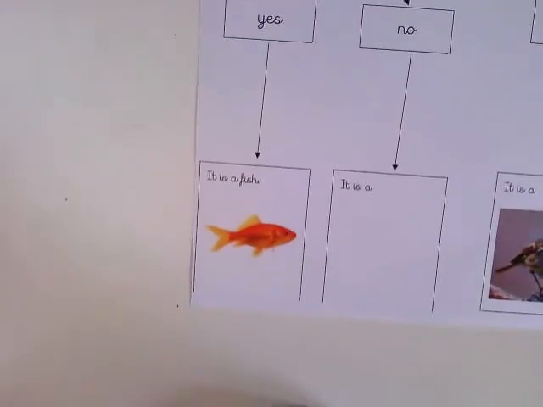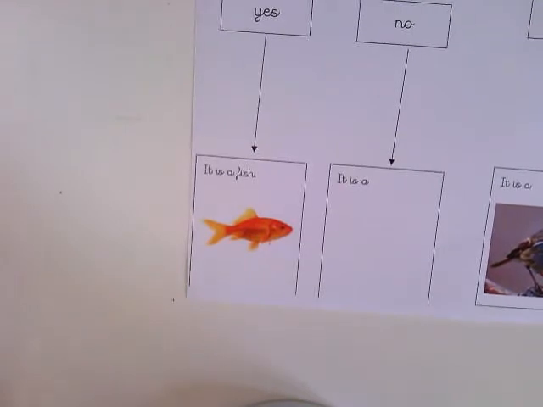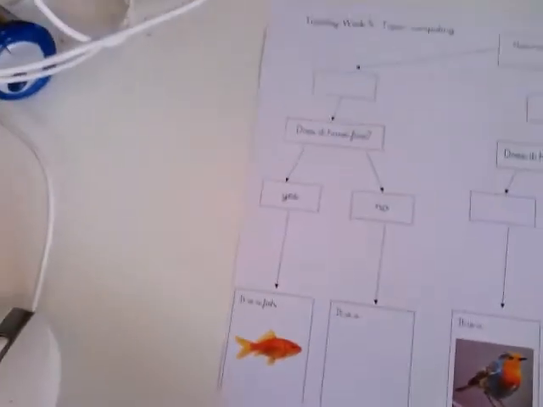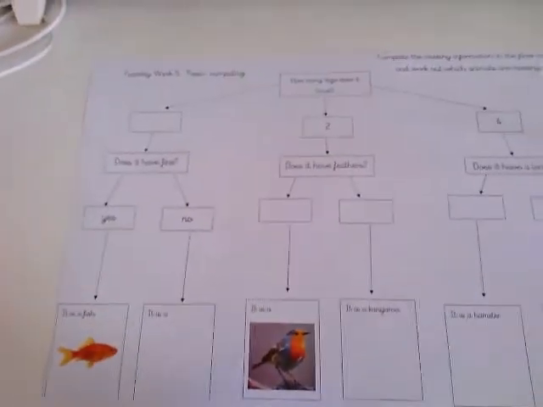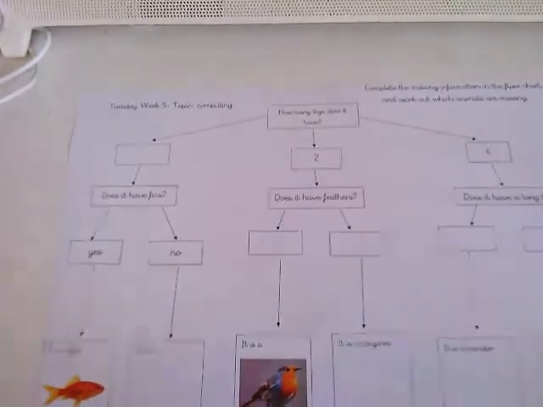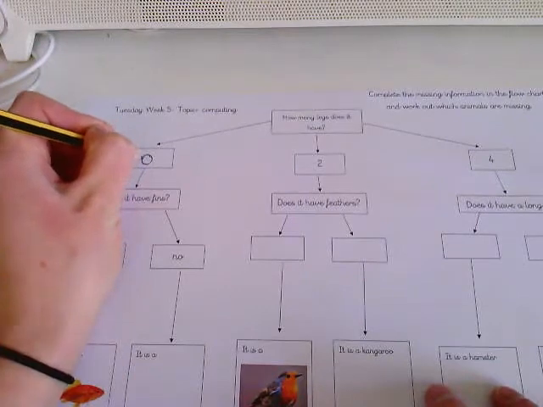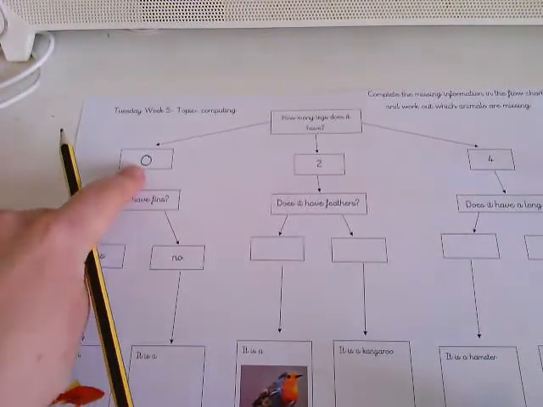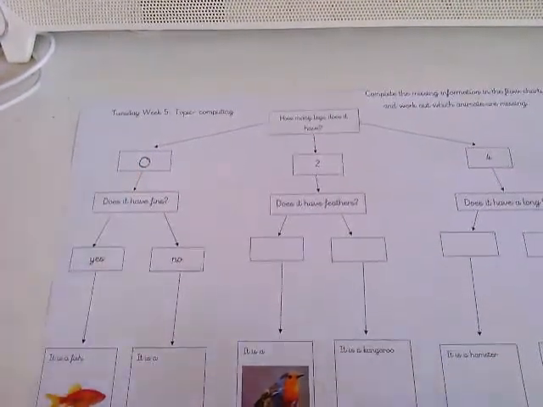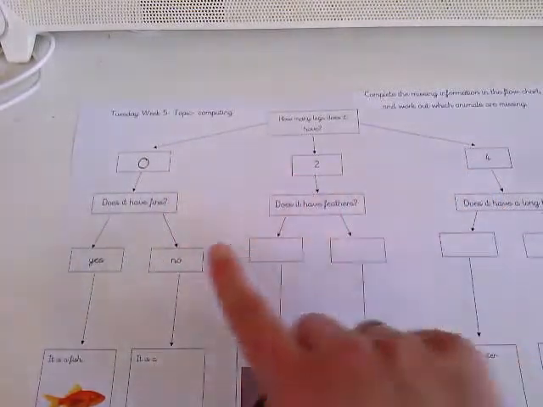How many legs does this have? It is a fish, so it has no legs. I know it has no legs, so I am going to write 0. How many legs does it have? It has 0 legs.